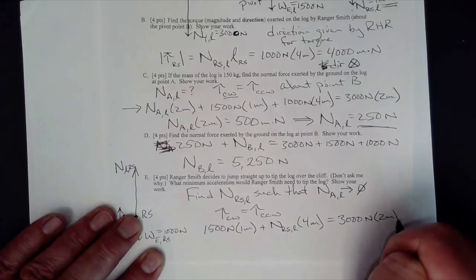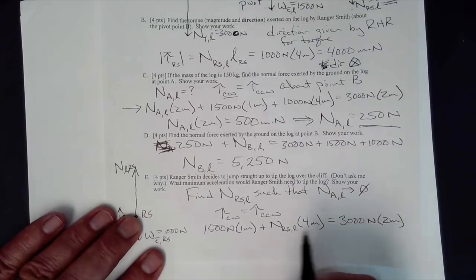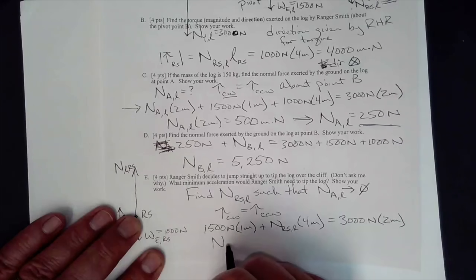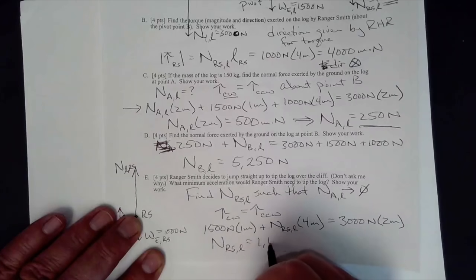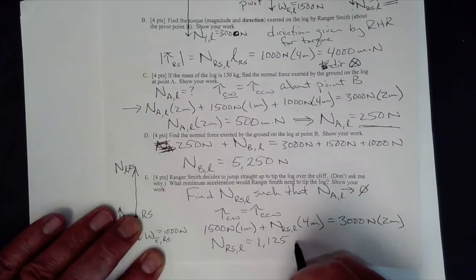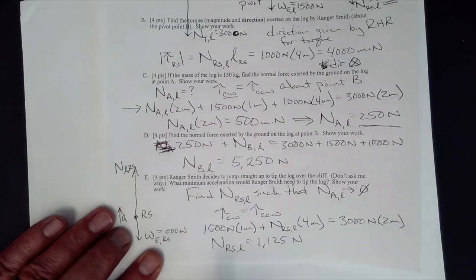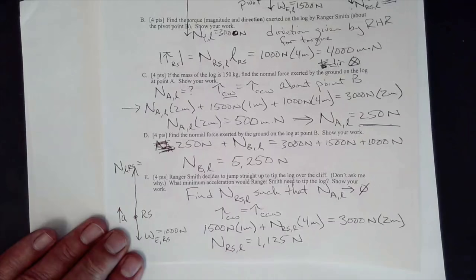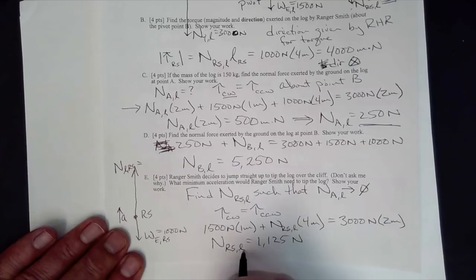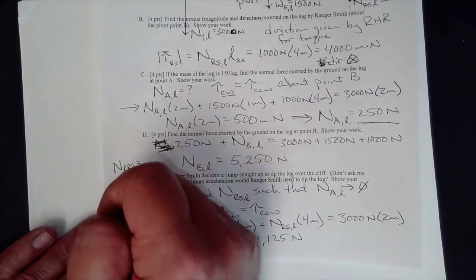Well, that's going to give me a normal by Ranger Smith on the log of 1,125 newtons. Okay? Now, if I use Newton's third law and say if Ranger Smith is pushing that hard on the log, then the log's pushing that hard on Ranger Smith.